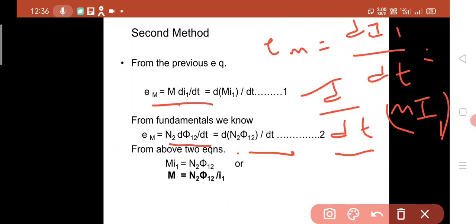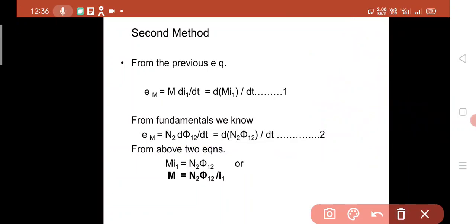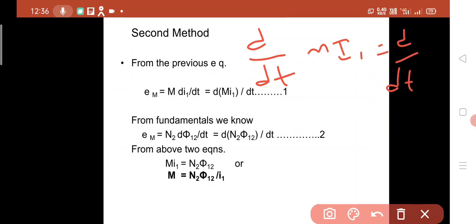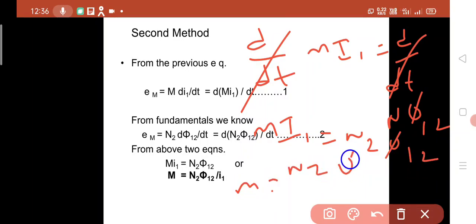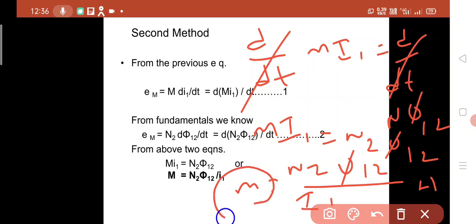Equating the two, d by dt of M i1 is equal to d by dt of N2 phi12. The d by dt is cancelled, so M i1 is equal to N2 phi12. So M is equal to N2 phi12 by I1, in Henry. M is the mutual inductance.